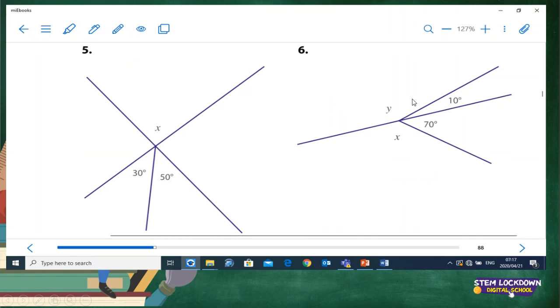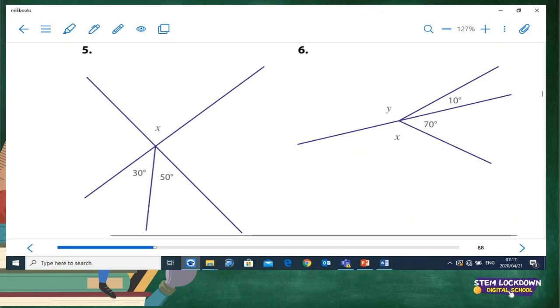And the same goes for y. In the same way that you found the value of x, you will use the same principle to find the value of y. And indeed, y is equal to 180 degrees minus 10 degrees.